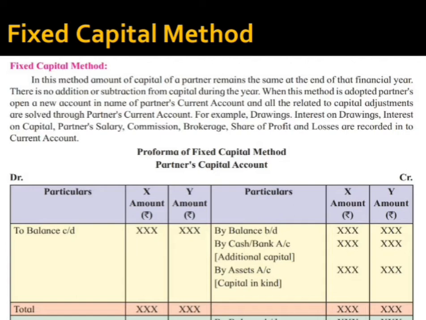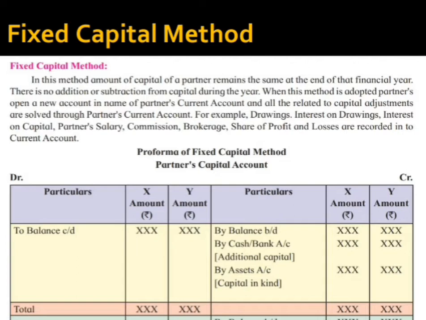into the current account. Now if we see the pro forma of the fixed capital method, the first entry is by balance brought down. Second, by cash or bank account, additional capital.